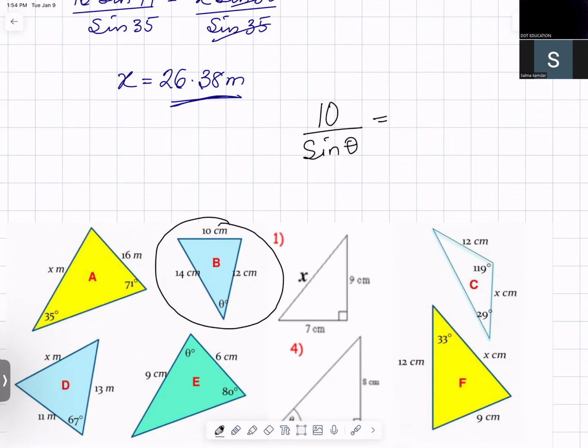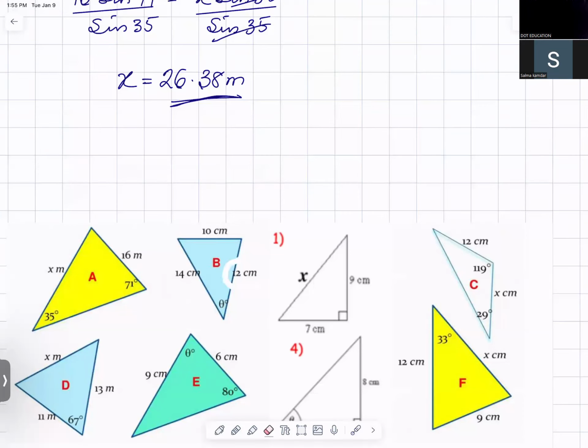So with this, we'll go further using the cosine rule. This question cannot be solved using your sine rule because you have only one angle and three sides given. So you leave this out, take a look at it.